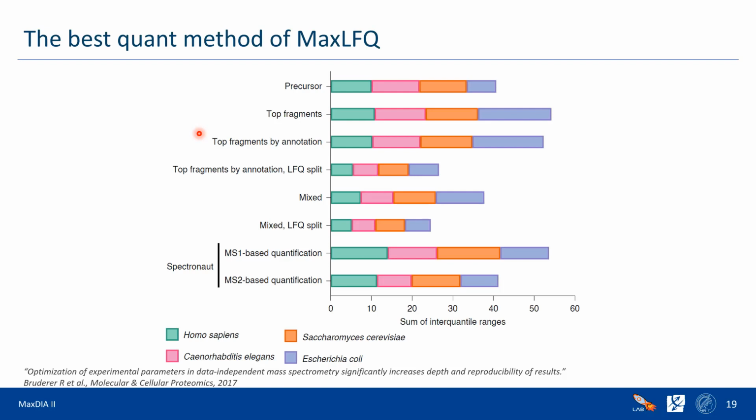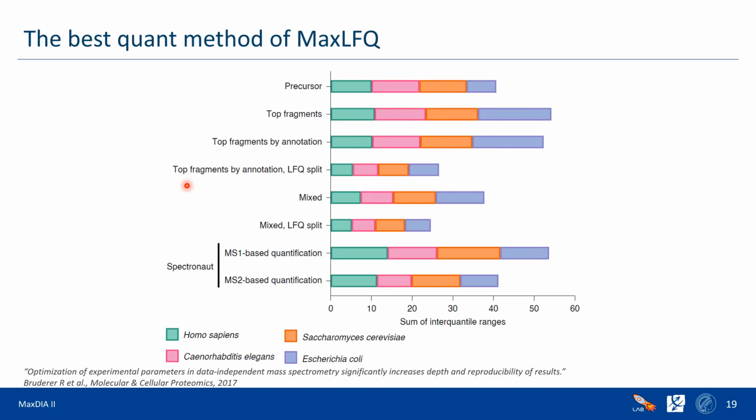We take these for all samples. It's going to be the same fragments across different samples, and they're again summed up. That's going to be called top fragments by annotation. You see, we get some improvement compared to top fragments, but precursor is still better.